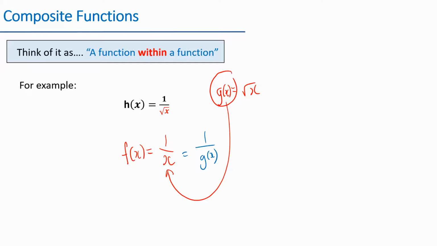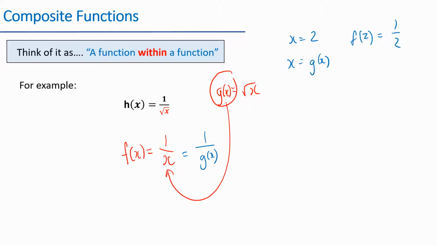What if instead of saying x is equal to 2, then you would have f of 2 equals 1 on 2? Sure? Normally, if you say x equals 2 and you sub 2 into the function, you get 1 over 2, right? Instead of saying x equals 2, what if I said x equals g of x?